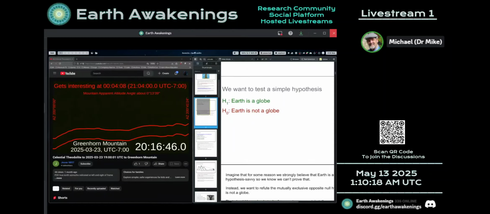Now, several of the other peaks I've tried, they're not quite that close, but they're still extremely close to flat and not close to globe. Some of them are dead on, some are off by like 50 meters. And I haven't done any testing to see how accurate this method I'm using is.